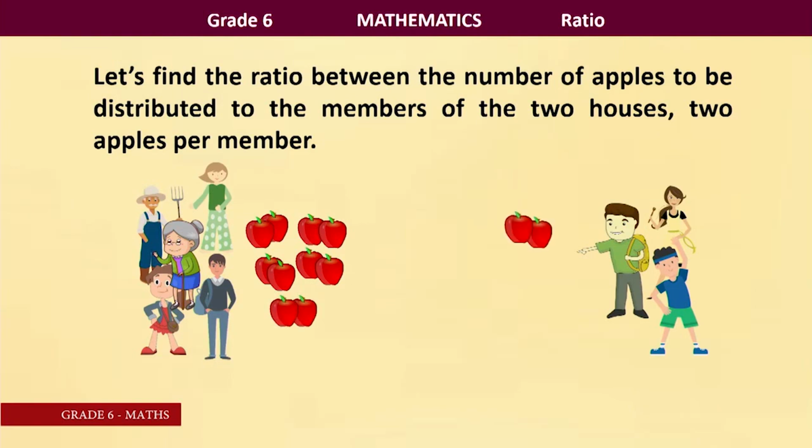In the other family, these 2 for father, these 2 for mother, these 2 for son. Now you can see there are 6 apples. Then we can write down the ratio. It is 10 to 6. Now each person got an equal number of apples, so the ratio is 10 to 6. Now I would like to go to another slide. Pay your attention well.